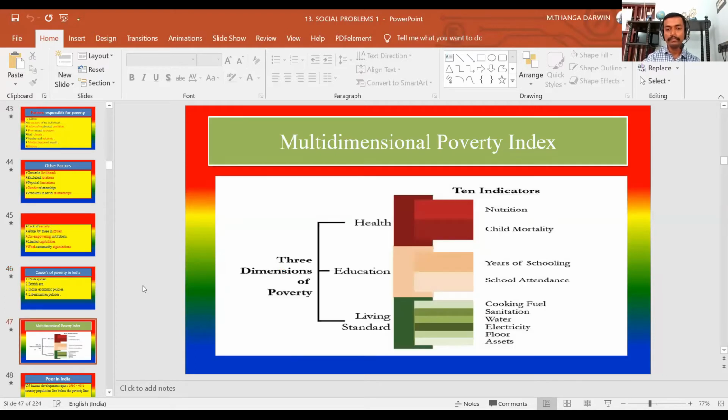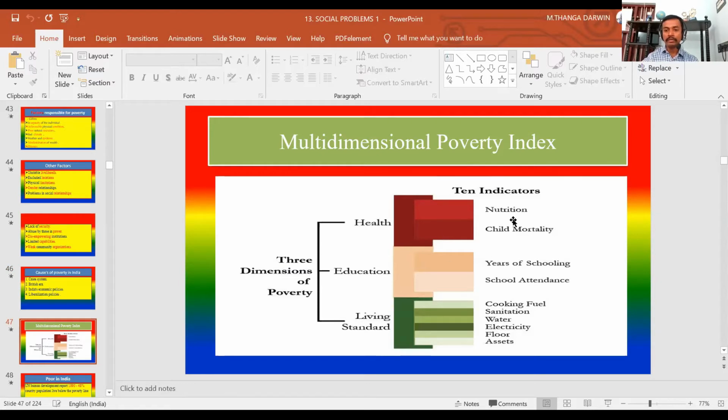Then the multi-dimensional poverty index. Look at this: three dimensions. First, health, education and living standard. Health should be the first concern; healthy people can get away from poverty. Second, education.